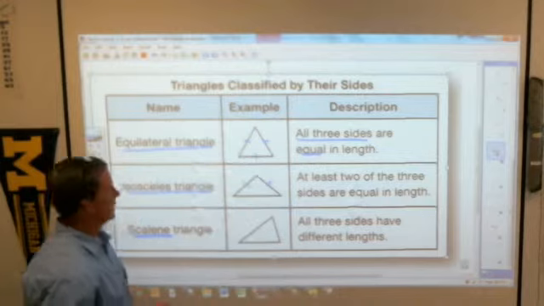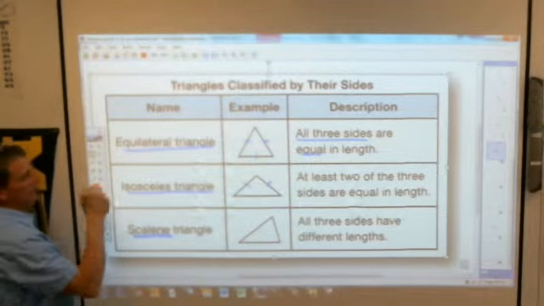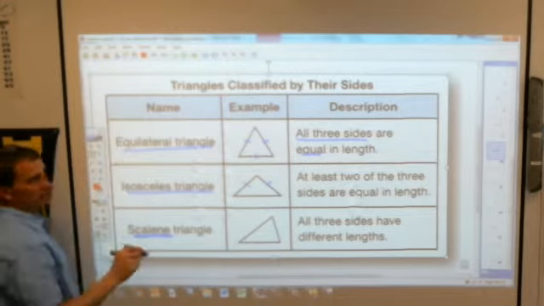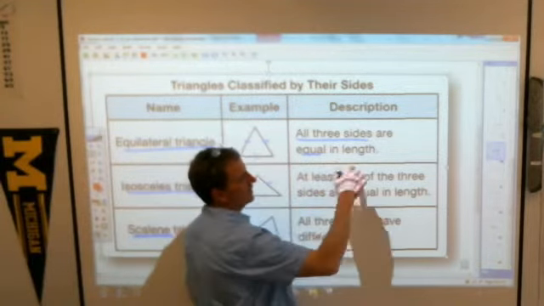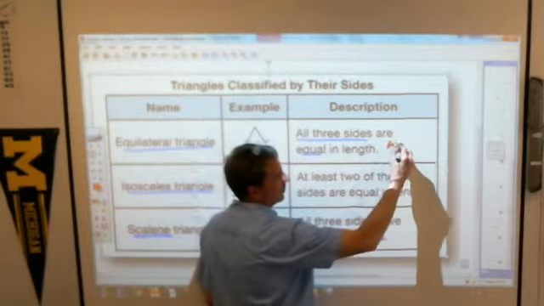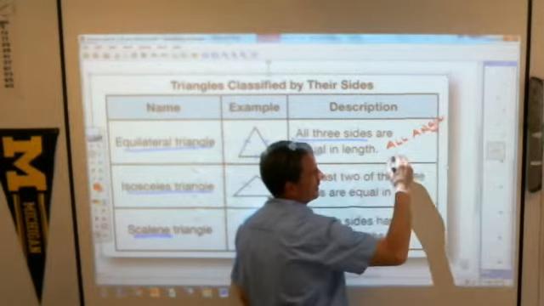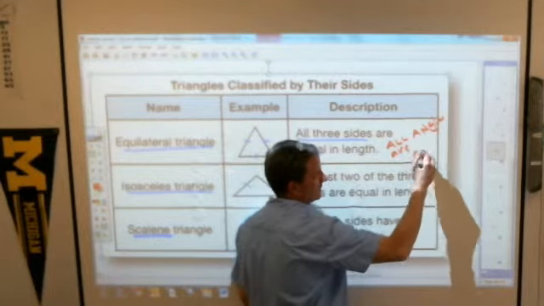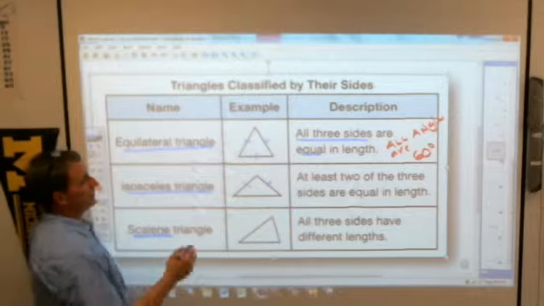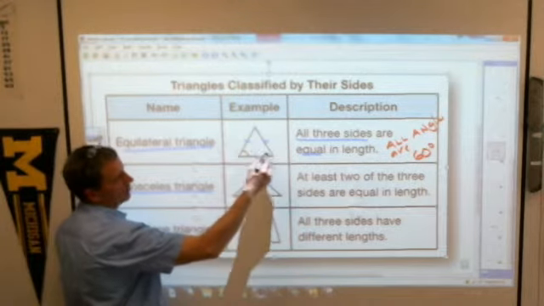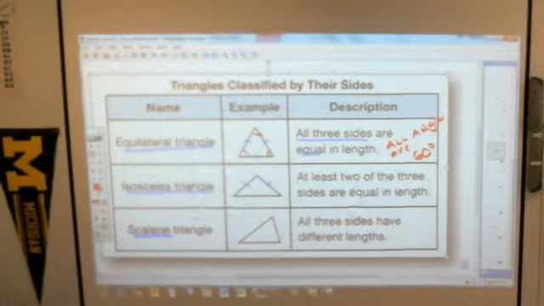I just want you to jot down in your notes here: because in an equilateral triangle, all the angles are equal, and the triangle has 180 degrees, write in your notes here, all angles are 60 degrees. If it's an equilateral triangle, no matter how big the triangle is, all of the angles are 60 degrees.